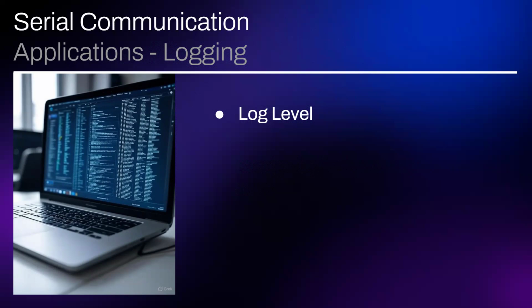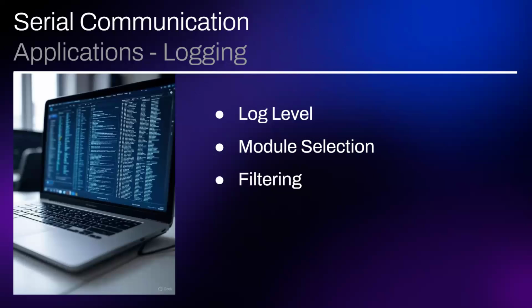Also, being able to select different modules to report logging from. I don't want to see logging from all the stuff that's going on. I just want to see this one, because I'm trying to debug this thing, so I just want to see the output from that.